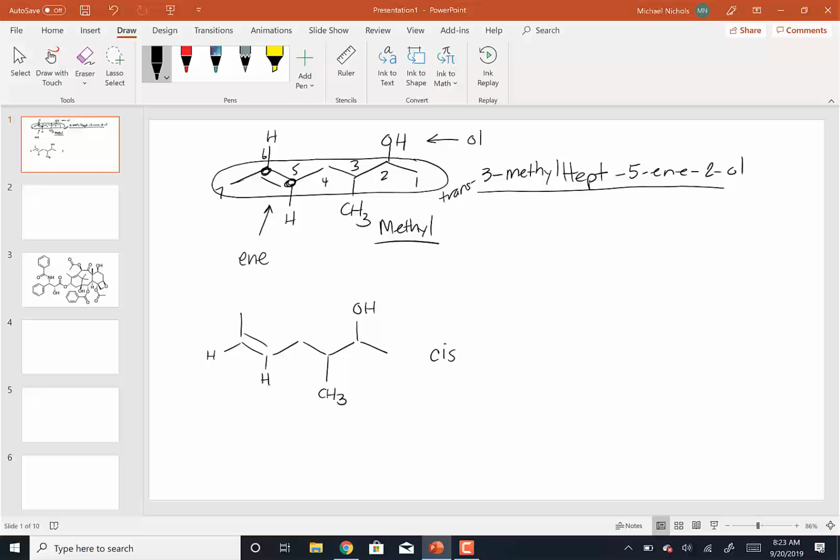So this would have been the cis-3-methyl hept-5-ene-2-ol. And this methyl group is part of the longest chain. So that would have been the cis stereochemistry. If there are 3 non-hydrogen groups on the double bond, then we go into E/Z territory, which we'll still hold off on here.